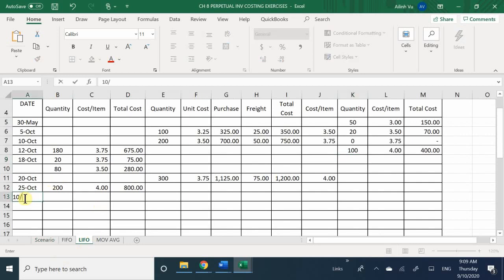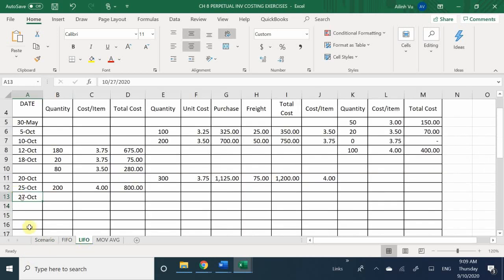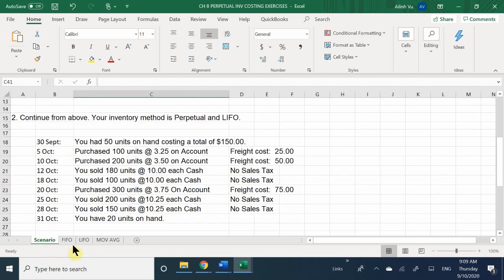So October 28, we sold another 150 units.